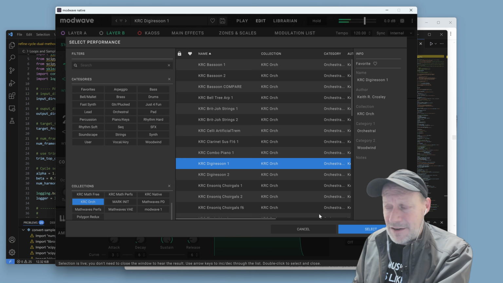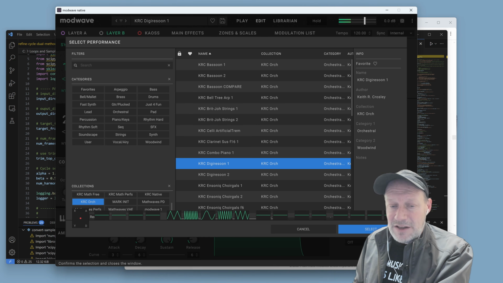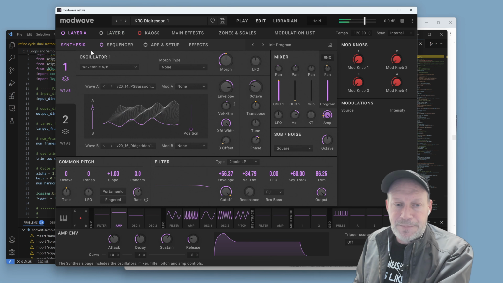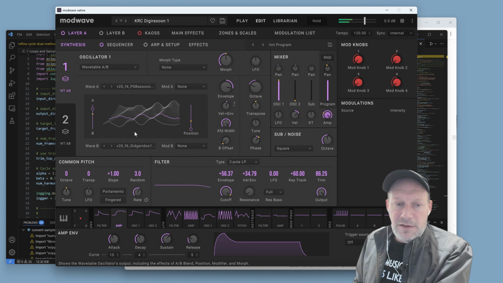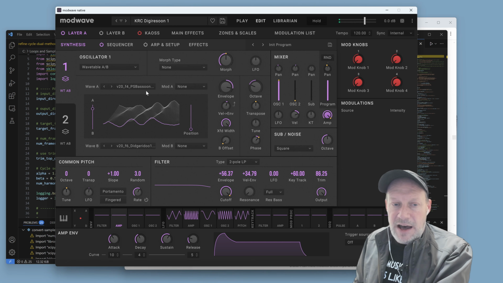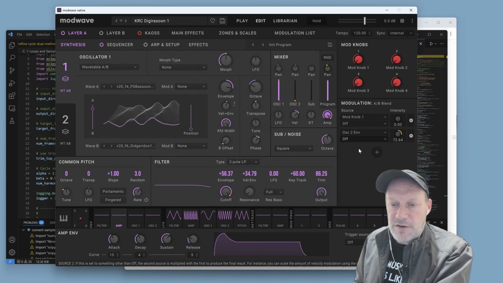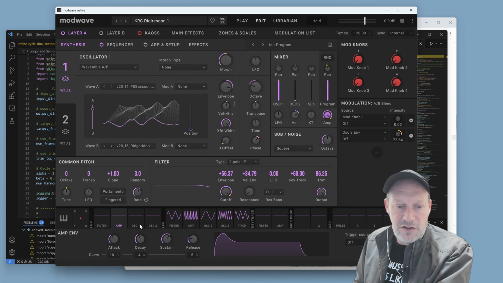One sample type that converted very well in the original version is a set of didgeridoo samples. And that's really fun to morph in the same way as we were doing with the piano. So this is a wavetable AB patch where I think we've got the same or very similar bassoon sample loaded into slot A. And then in wave B, we've got this didgeridoo sound, and we're morphing using OS2 envelope.